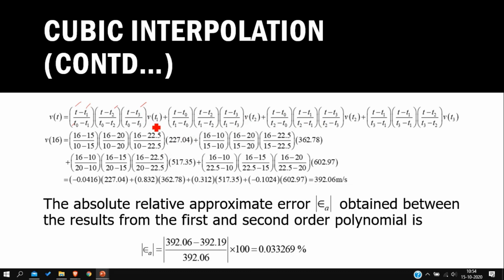There are some errors here. This should be v of t0 and this should be v of t1. There is some typing mistake there. So this is v of t2 and this is v of t3. Now you can calculate the value and you will get 392.06 meters per second.